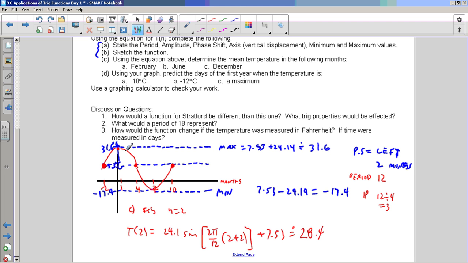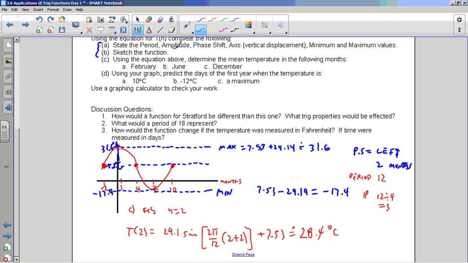Month 2 would be in here, and that's still a pretty high temperature in February. I wish it was 28.4 degrees Celsius. And notice these other ones are similar, right? I just have to count off the months. If January is 1, June is 6, and December is 12, and I just jam those into the calculator.